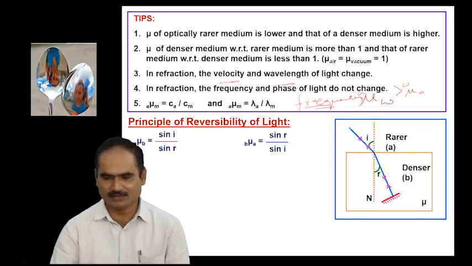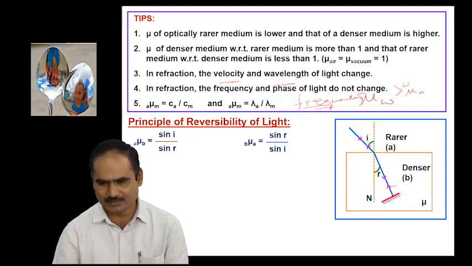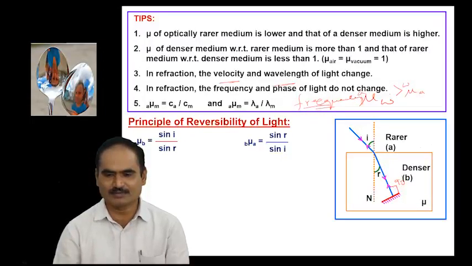You see here, the light ray travels in this manner and it comes here. And if you keep this reflecting surface perpendicular, here the angle should be 90 degrees. This angle should be 90 degrees. Then what will happen? It retraces back. It will go like this. This is called the principle of reversibility.